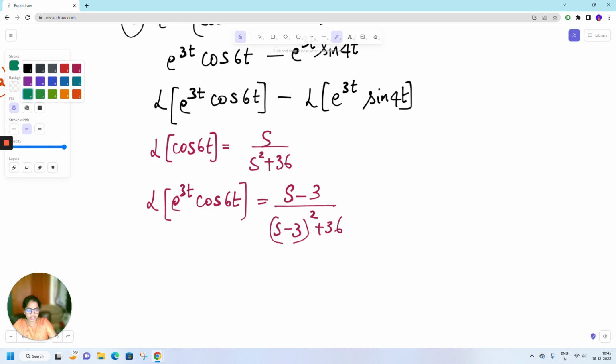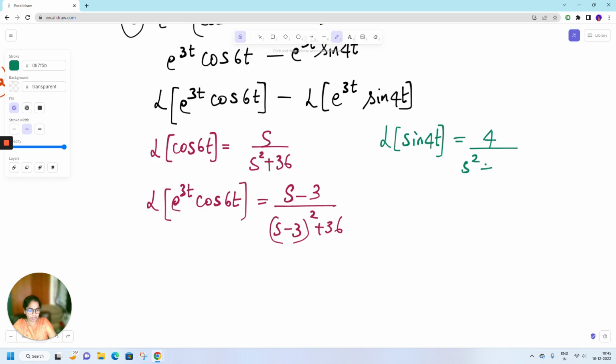What is Laplace of sine 4t? Laplace of sine 4t is 4 divided by s square plus 16. Now, what is Laplace of e power 3t sine 4t? That would be 4 divided by, wherever you have s, replace it with (s minus 3) whole square plus 16.